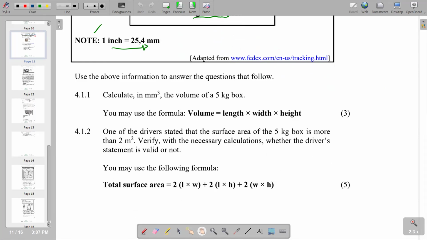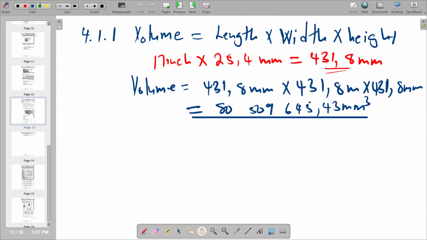We can start by putting down our formula, this is now our 4.1.2.